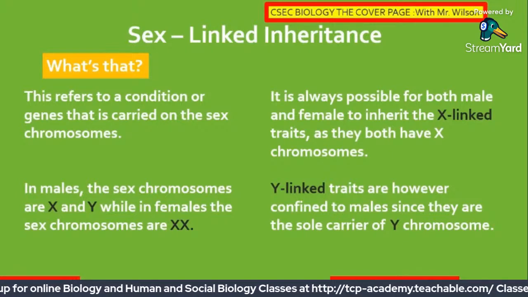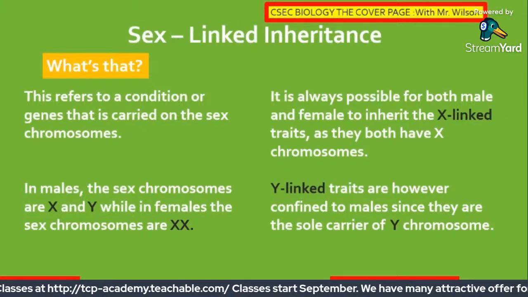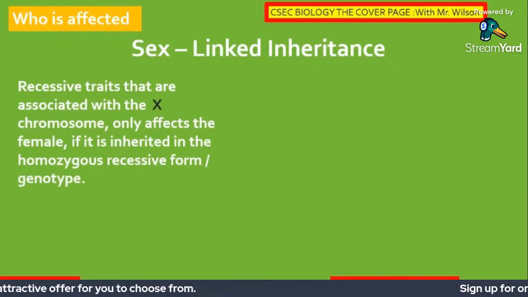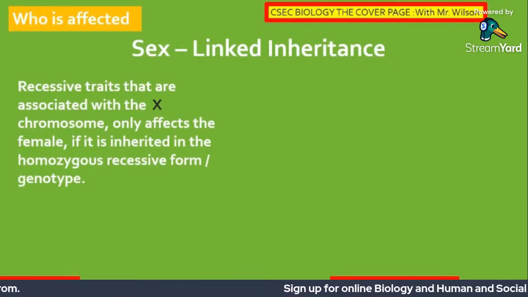Y-linked traits are, however, confined to males since they are the sole carrier of Y chromosomes. Recessive traits that are associated with the X chromosomes only affect females if inherited in the homozygous recessive form or genotype.